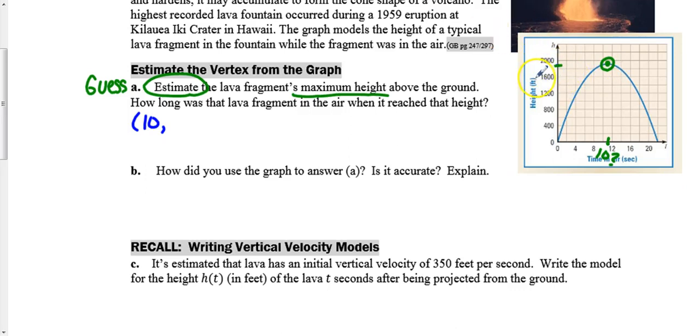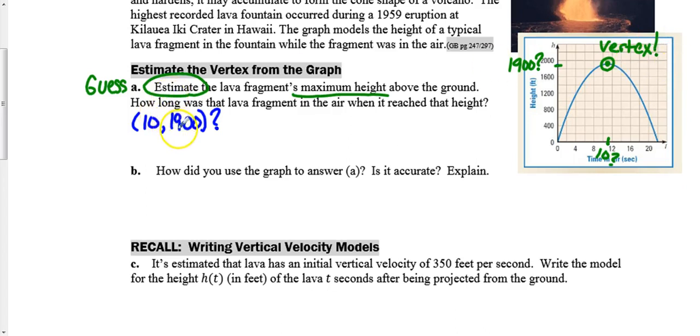So maybe 1900? With a question mark, again, we're estimating. So our estimation is 10, 1900. When we're talking about this maximum, we are really talking about the vertex, because the maximum or minimum point for any parabola will be the vertex.